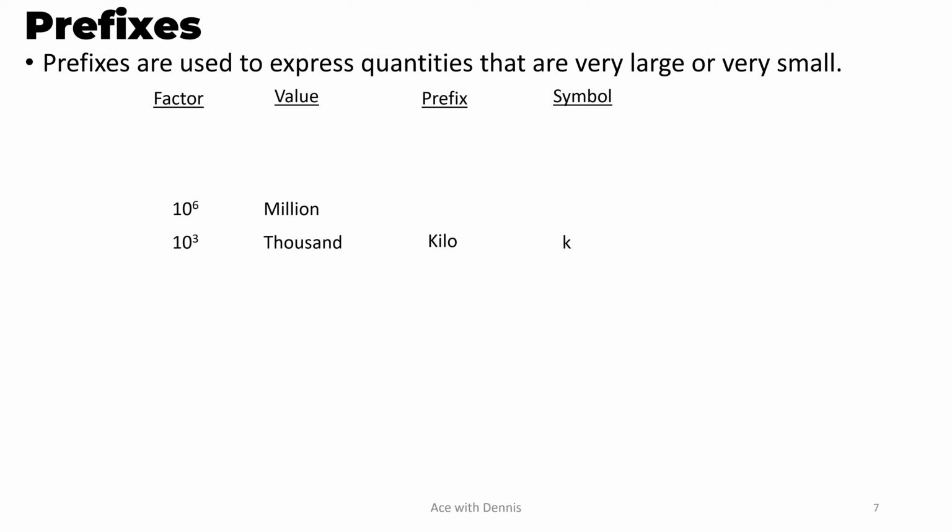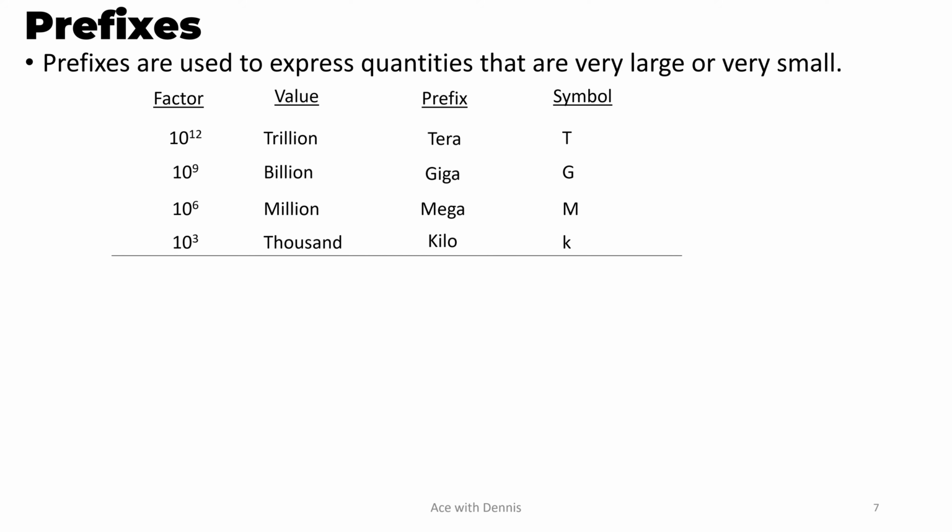Then 10 power 6, the value is million, prefix is mega, symbol is capital M. 10 power 9, the value is billion, prefix is giga, symbol is capital G. Then 10 power 12, the value is trillion, prefix is tera, symbol is capital T.